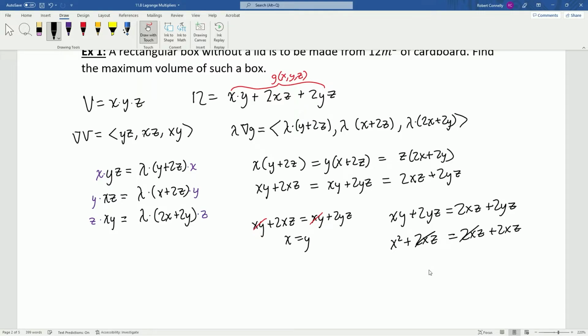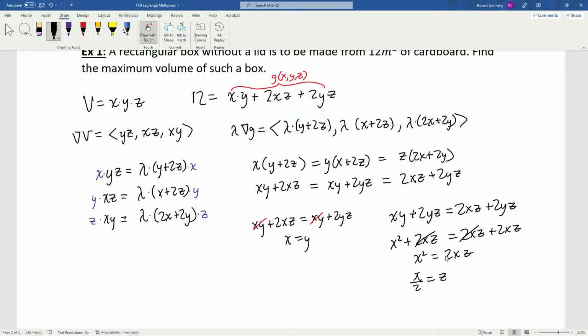So I can cancel those. Get x squared equals 2xz. Now, technically, I have to be concerned about a possible second answer for x, but the second answer for x would be negative, which doesn't make sense in the context of the problem. So I can just go ahead and not worry about that and divide by 2x here, which gives me x over 2 equals z.